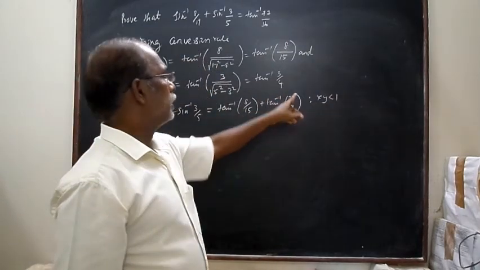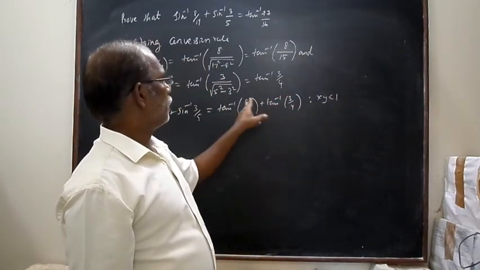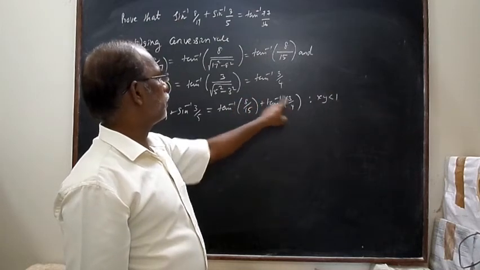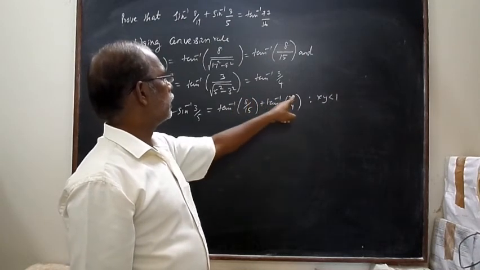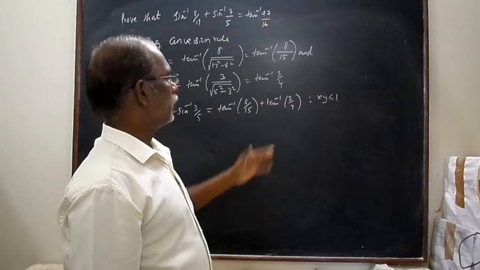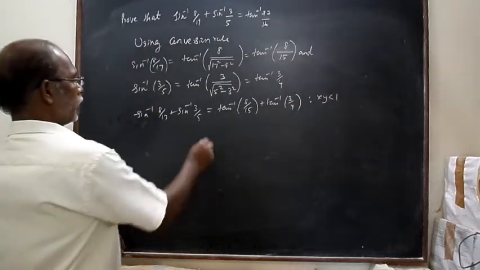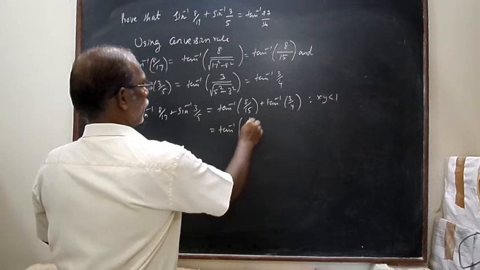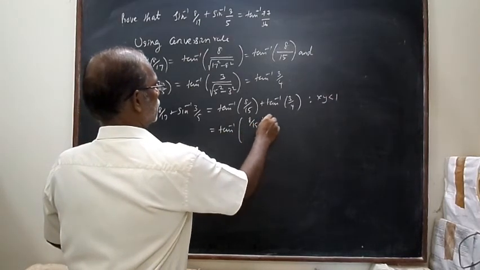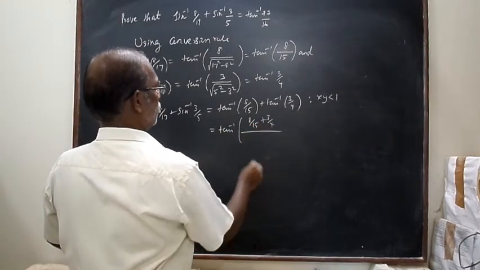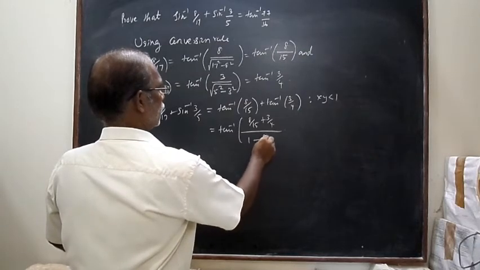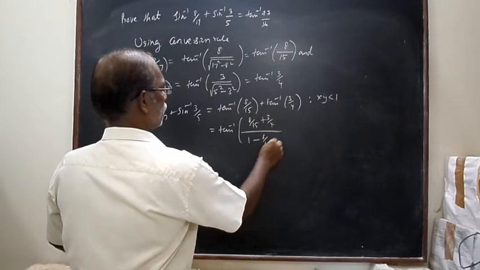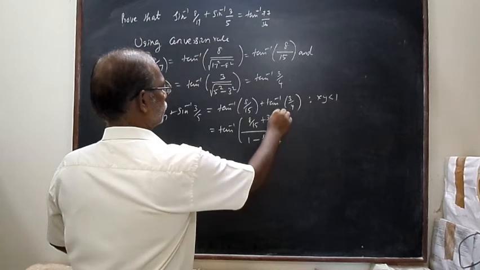Simplifying between 4 and 8, 2 into 3 is 6, 6 by 15 is less than 1. So we can apply the straight formula: tan inverse of 8 by 15 plus 3 by 4, divided by 1 minus 8 by 15 into 3 by 4.